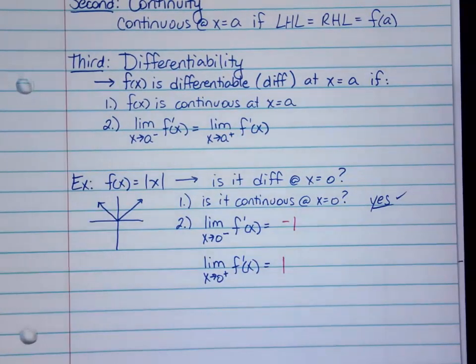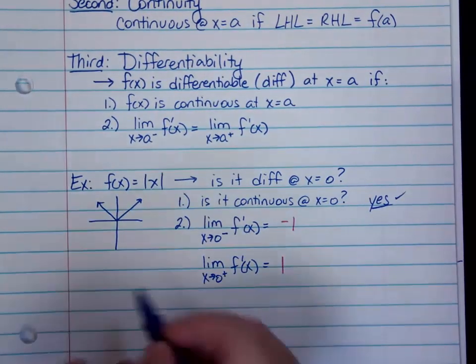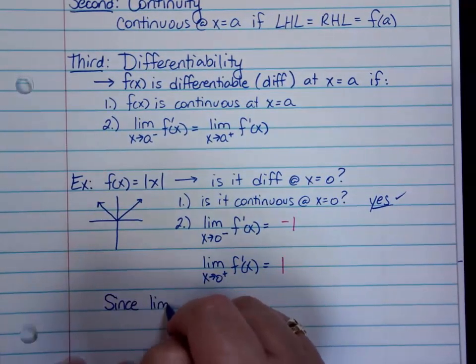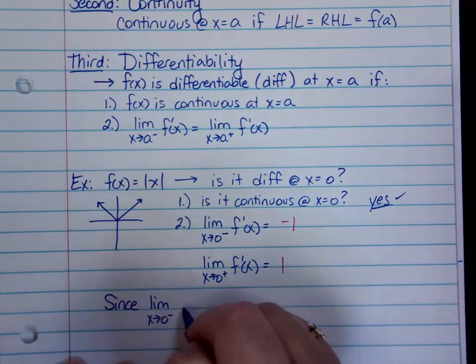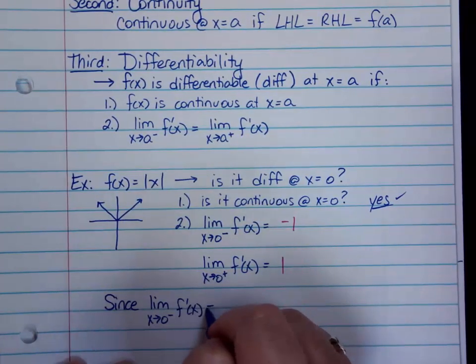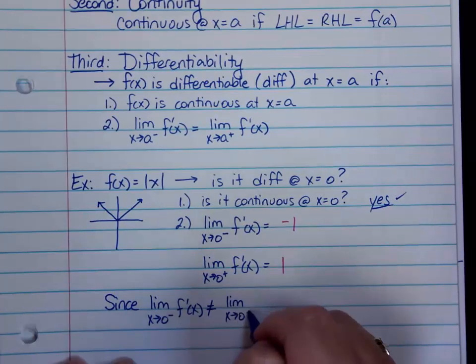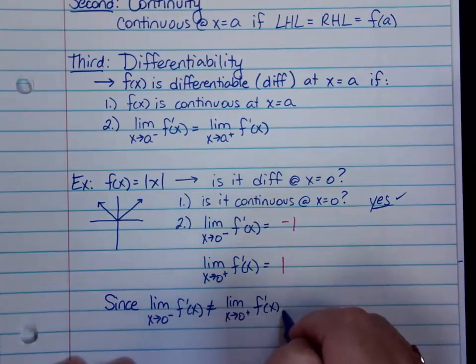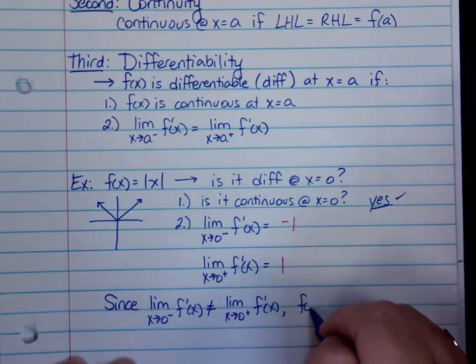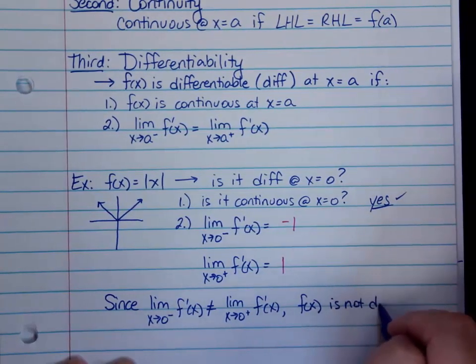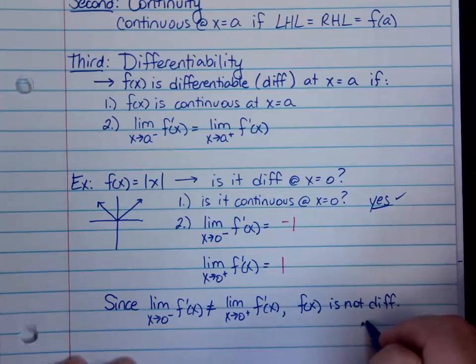Are those two slopes the same? No. Those two limits are not the same. So we can say since the limit as x approaches 0 from the left of the derivative does not equal the limit as x approaches 0 from the right of the derivative, f of x, the function, is not differentiable at x equals 0.